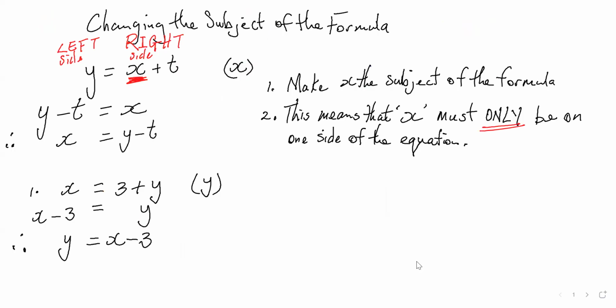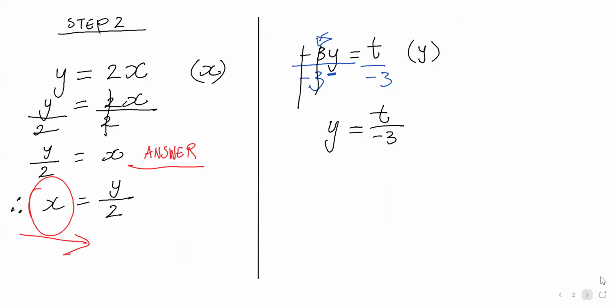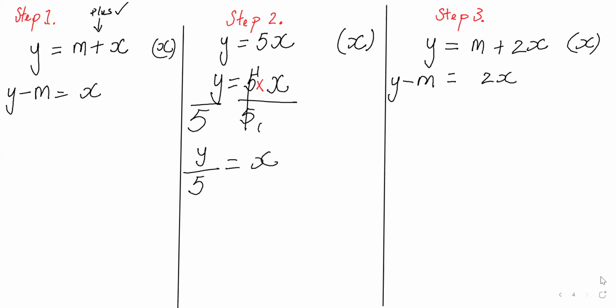This means that x must only be on one side of the equation. So I have the 2 with the x, and I only want the x on one side of the equation. So to get rid of that 2, I must divide and cancel out.